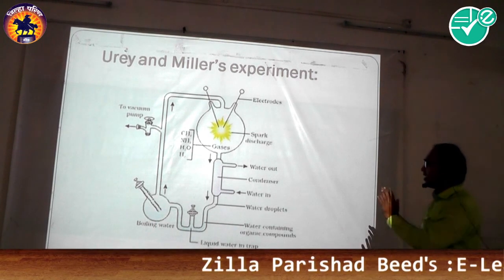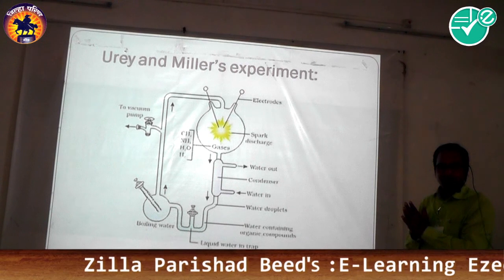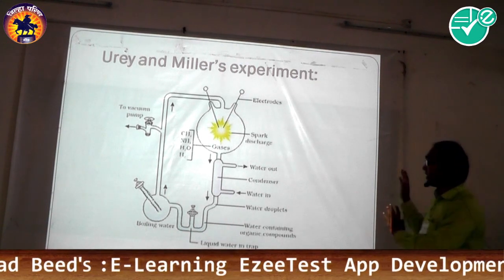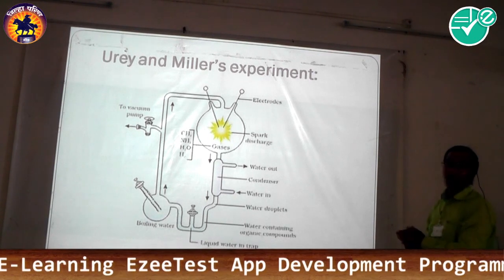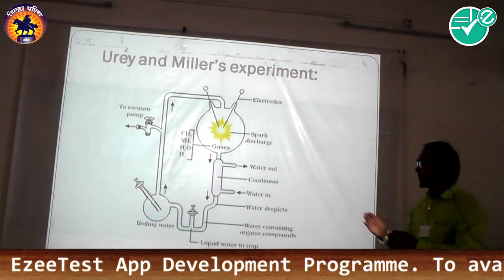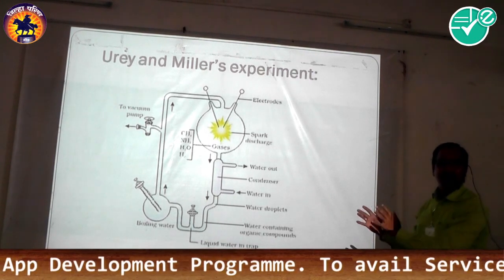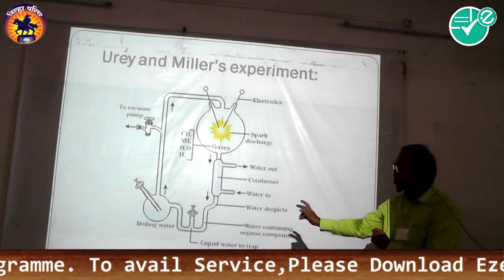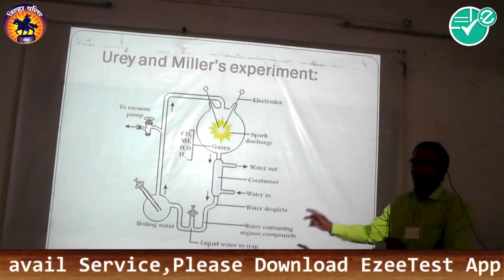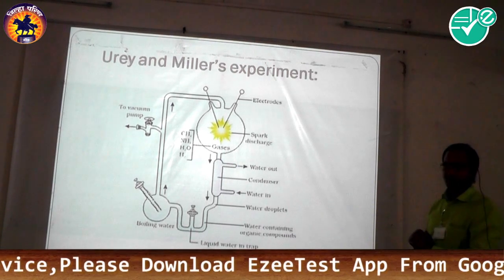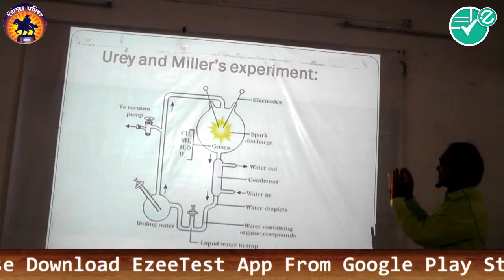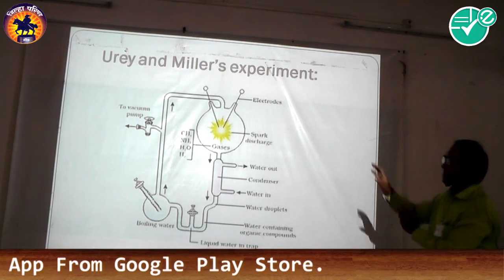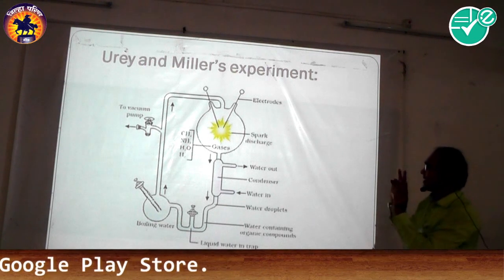In this assembly, Urey and Miller create the prebiotic condition of the earth. Here at the base there is boiling water in a conical flask. That conical flask represents the oceanic condition of the prebiotic earth. Then there is the spark discharge apparatus at the top, which is somewhat rounded, which looks like a cat.